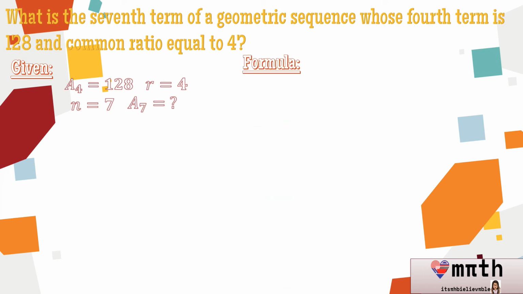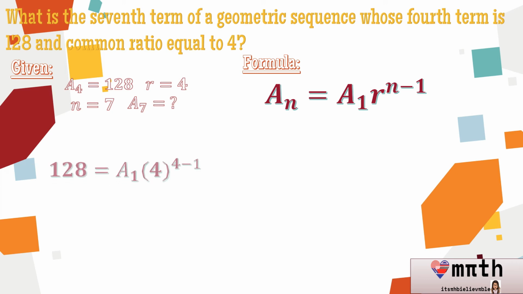But, if you're going to notice, in the formula a sub n is equal to a sub 1 r raised to n minus 1, we have the missing value there, which is a sub 1. So, since we have the value of a sub 4, we can use this as a sub n, and our n would depend also on our a sub 4, which is 128.